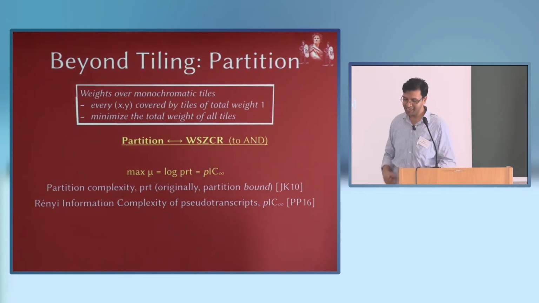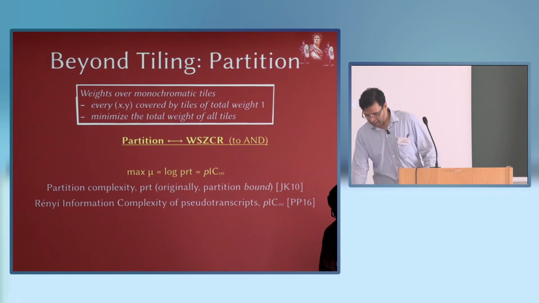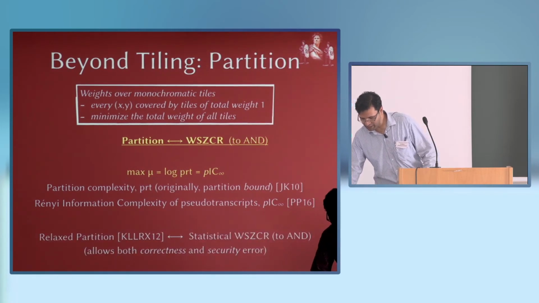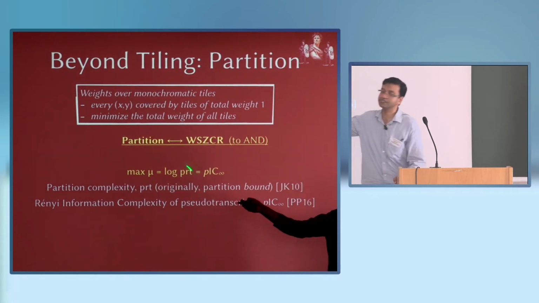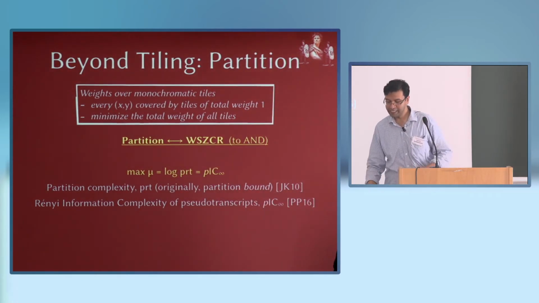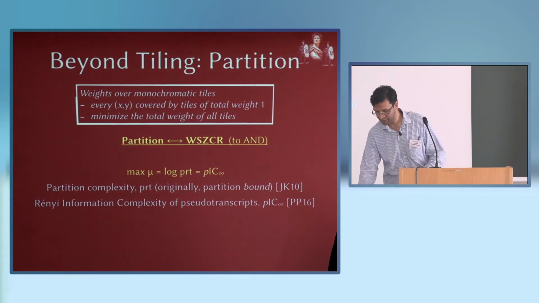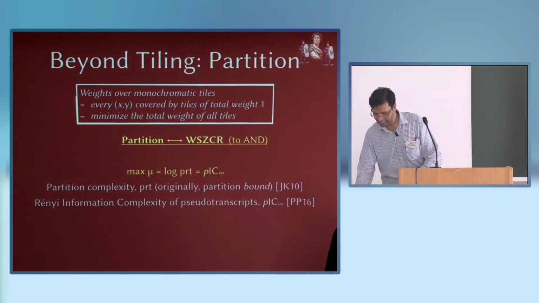I'm not going to define what that is, but it's an information theory quantity you can define. So this was already known, and we are just showing that this weak Caesar is exactly the same thing.